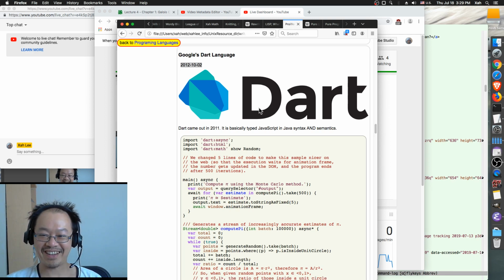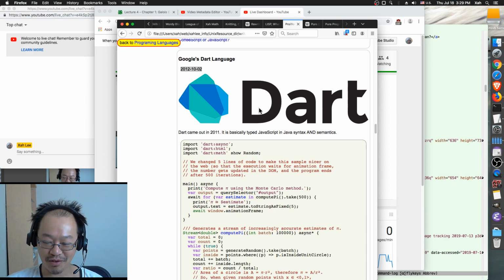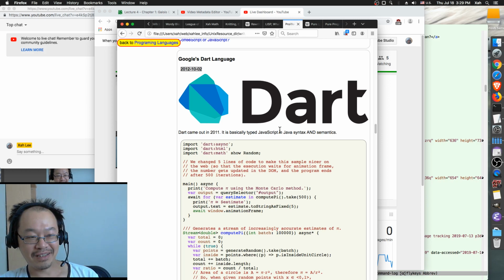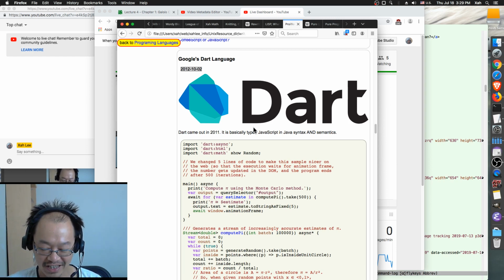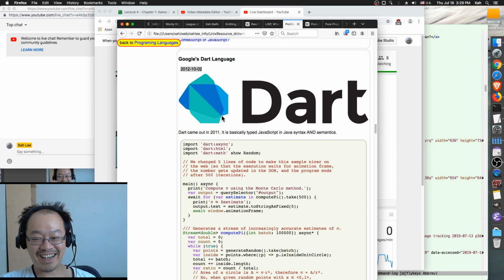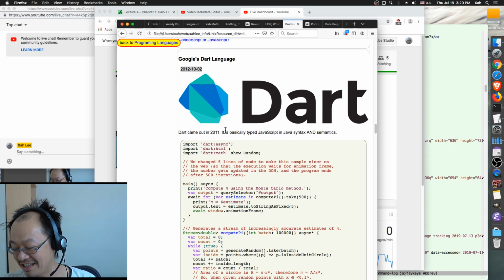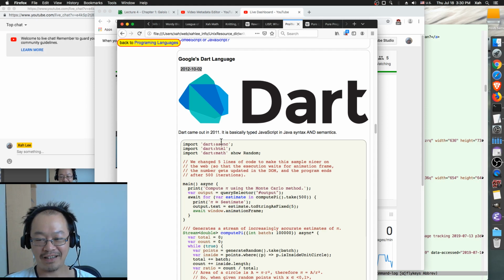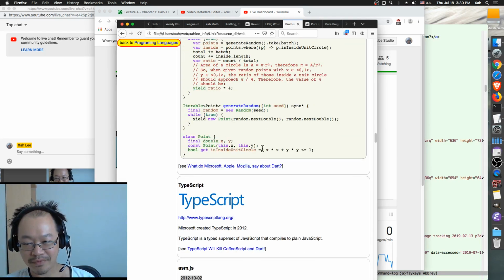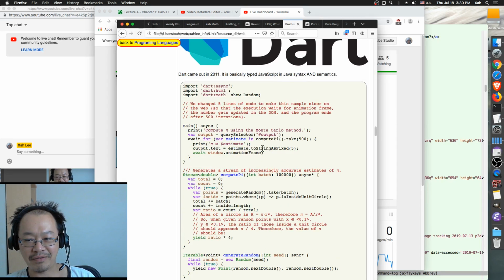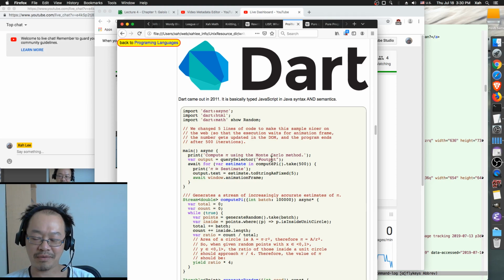Google's Dart. They were trying to replace JavaScript with Java. Dart is JavaScript in Java syntax and also in Java semantics. Basically, Dart is just like Java. Google wants to make JavaScript become Java-like. No good, and they failed. Nobody is using it, but they are still alive though. They are still doing something with it.